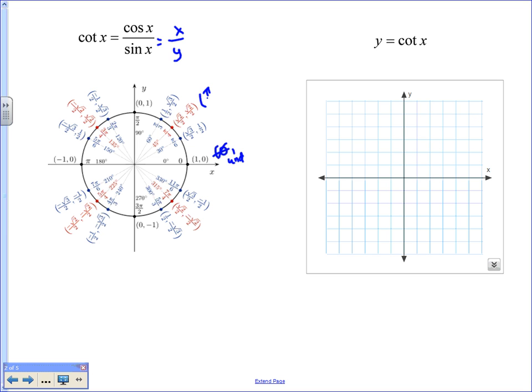This would still be pi over 4, comma 1. This one, instead of being undefined, will be 0, so pi over 2, comma 0. This one will be 3 pi over 4, comma negative 1, just like on the last one. But this one is undefined because negative 1 over 0 is not defined.